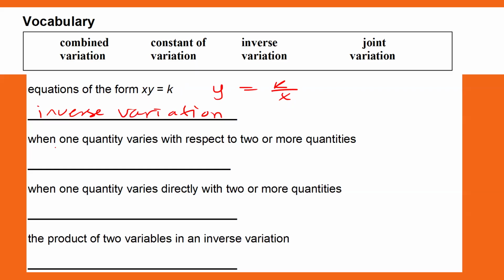All right. Next vocabulary word is when one quantity varies with respect to two or more quantities. The key thing here is with respect. So we've already used inverse variation. This is called a joint variation. So with respect, it's called a joint variation.